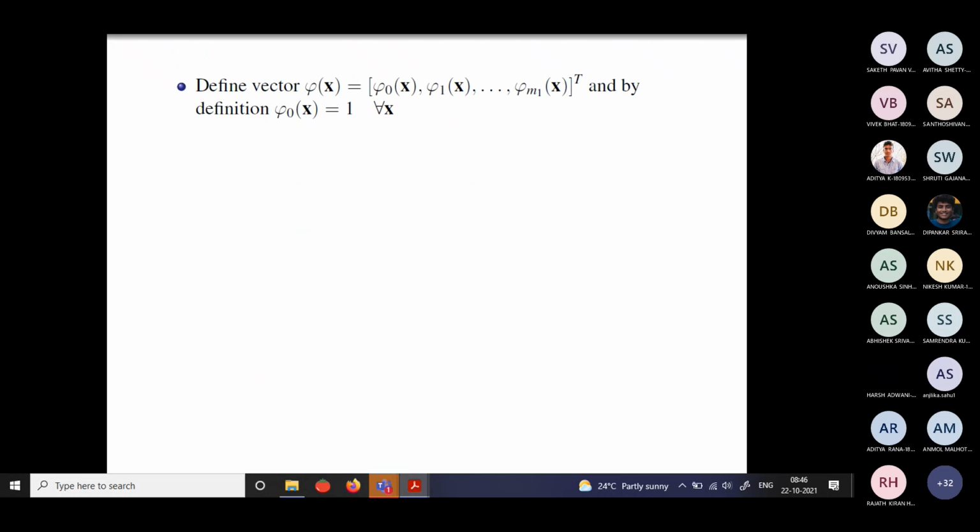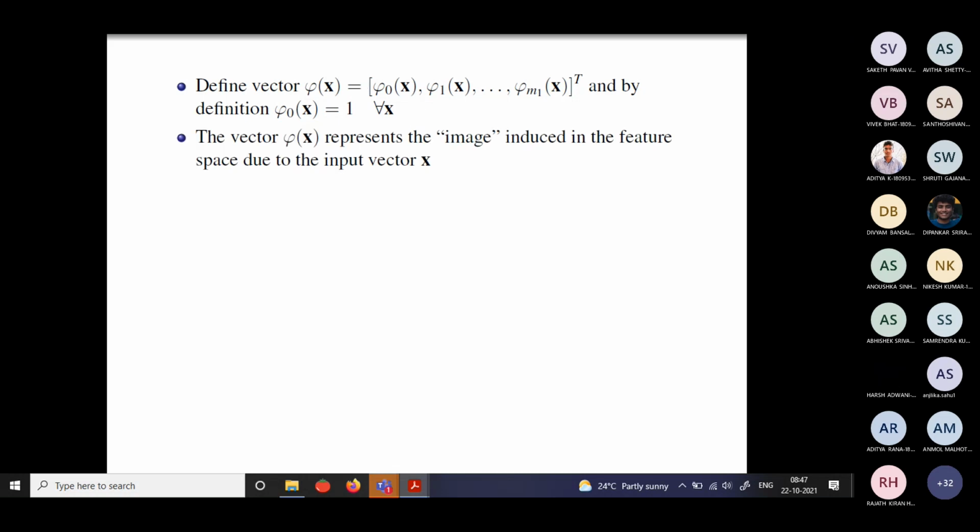So when we define a vector like this, and as you know, these functions you already defined, phi 0, phi 1 till phi m1, by definition you will always see phi 0 equal to 1 for all x. This is what is meant by clamping the bias input at 1, because we want to use the bias as W0. That's just to indicate it.